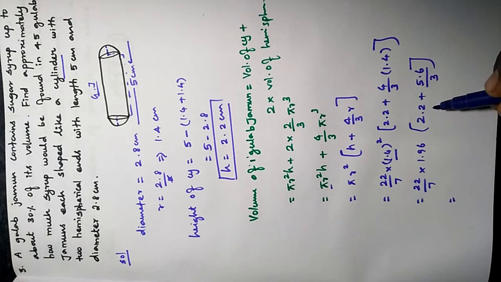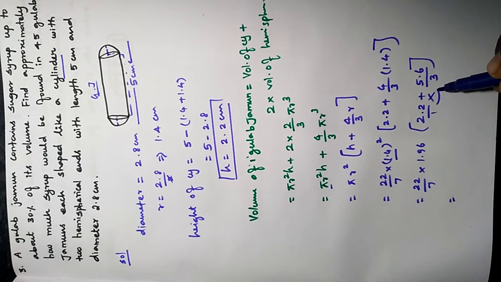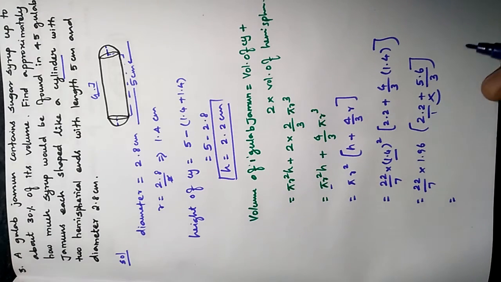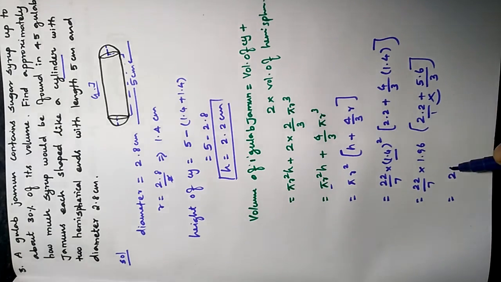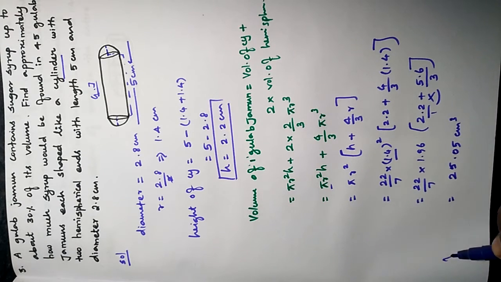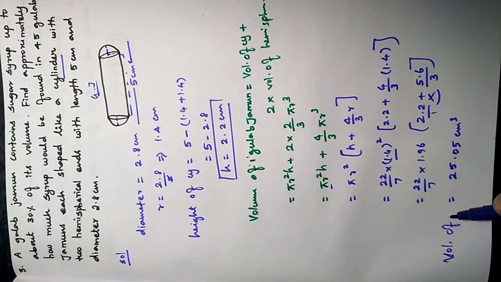So finally you do cross multiplication and finally multiply with this. After simplifying this, here you will get the final answer 25.05 centimeter cube, which is the volume of one gulab jamun.